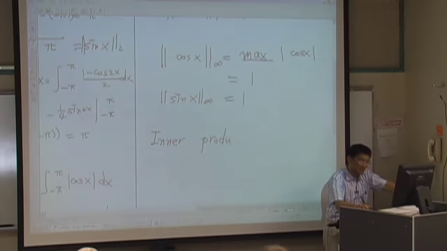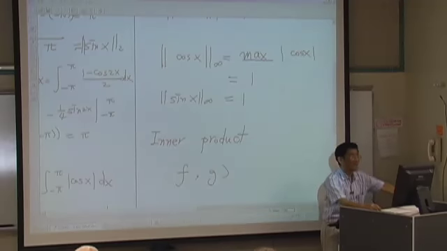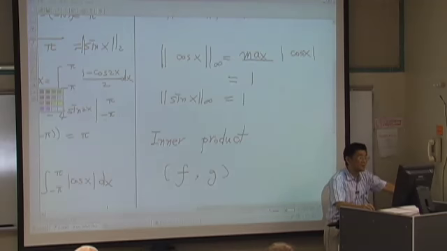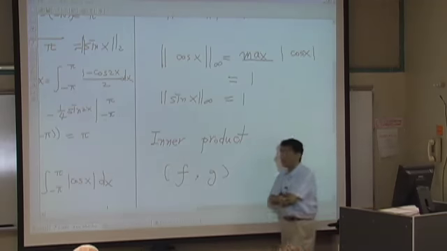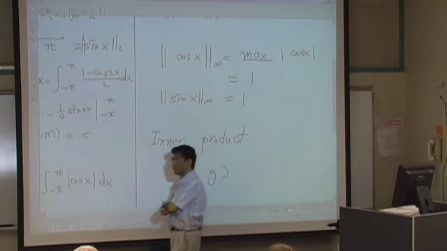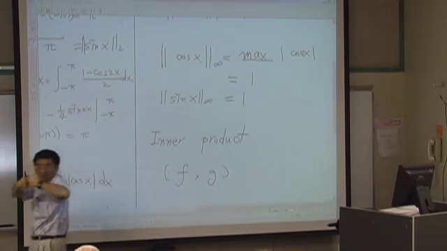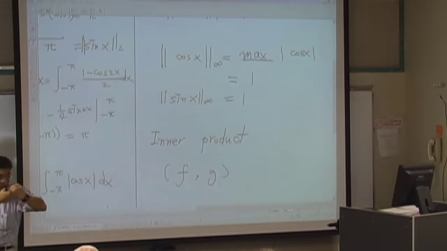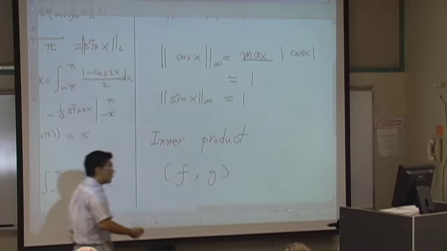Generalize even further. So we use this kind of notation. Instead of saying f multiplied by g, we use parentheses. So it's called the inner product of f and g. We are multiplying f and g, but not straightforward multiplication; some kind of rules should be followed. Instead of direct f multiplied by g at individual points, we apply the rule.